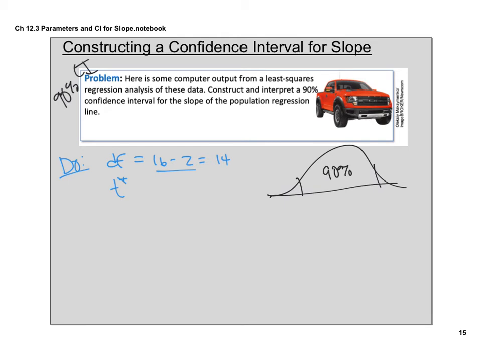That means I have 5% in each tail, right? So there's a couple of ways that you can do this. You can go to the table in the back of your book. There's a T star table, T table. Or in your calculator, you can go to second distribution.